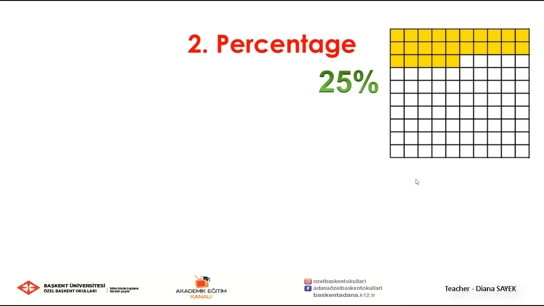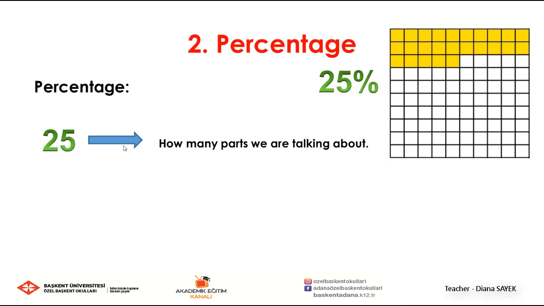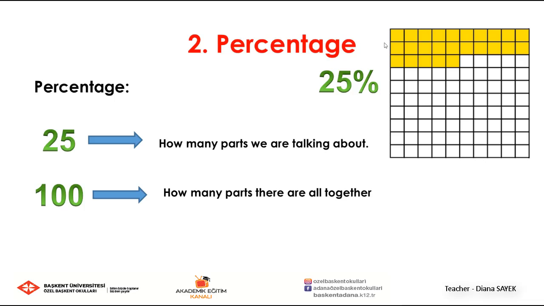So let's get started with percentages. Here we have a diagram, and it is showing us 25%. So what does that mean? It is saying that 25 is how many parts we are talking about, or the ones shaded in yellow. And 100 are how many parts there are altogether: 10, 20, 30, 40, all the way down to 100.